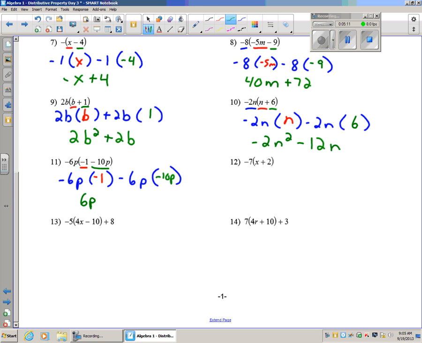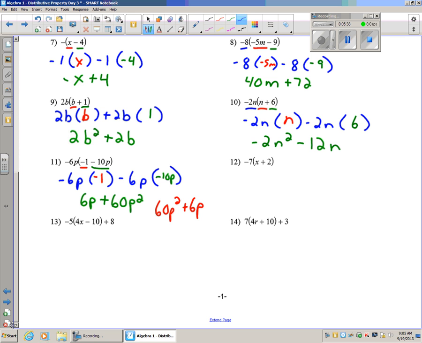Negative 6p times negative 10p, that's positive 60p squared. I should get in the habit of writing this in proper fashion, so it should be 60p squared plus 6p. Highest exponents first, called descending order.